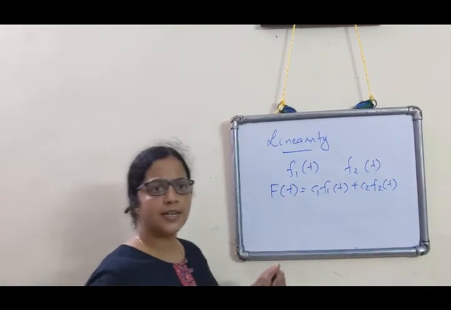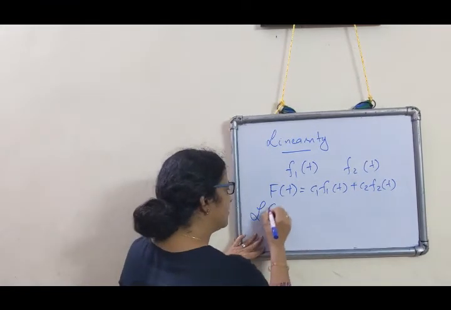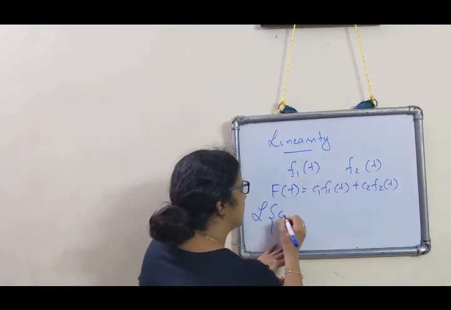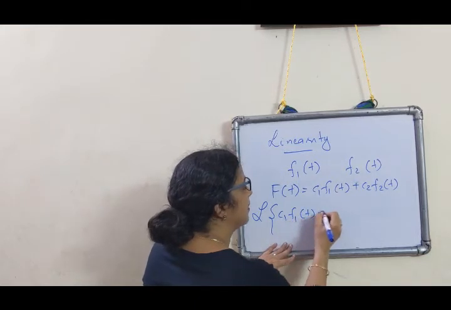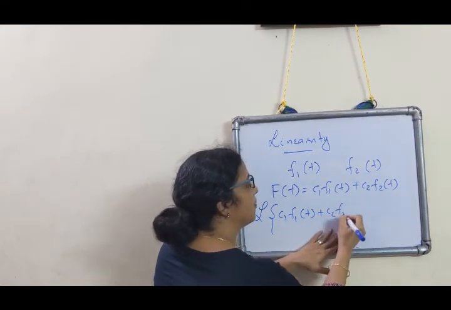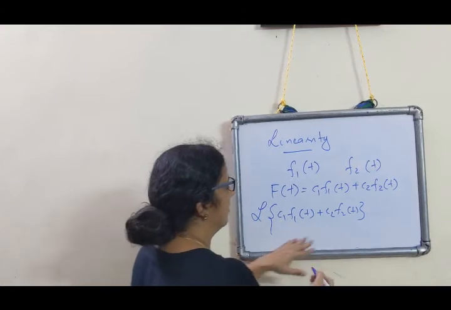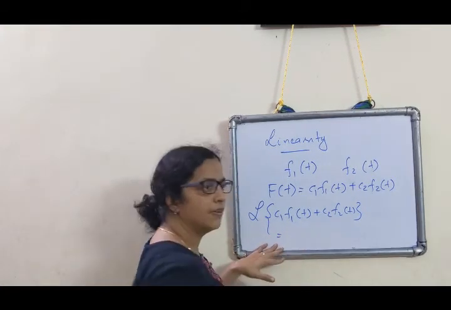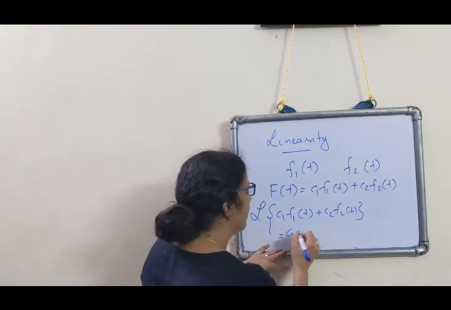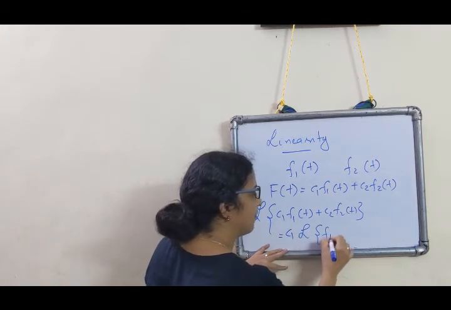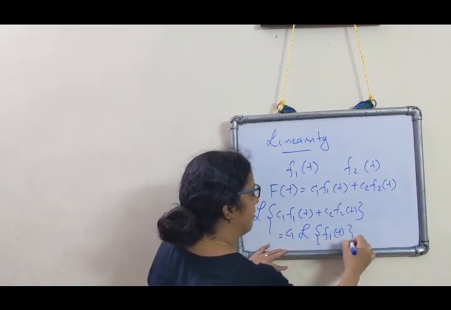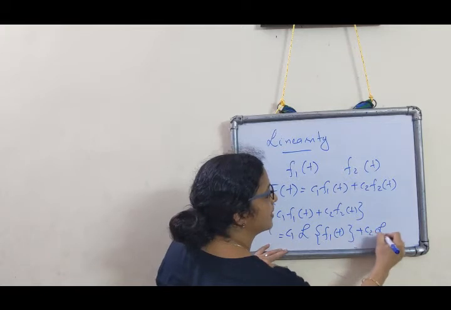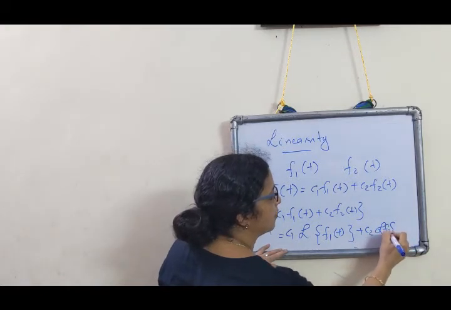And if you are considering the Laplace transform of this particular function, c1 f1 of t plus c2 f2 of t, it will be equal to c1 times the Laplace transform of f1 of t plus c2 times the Laplace transform of f2 of t.